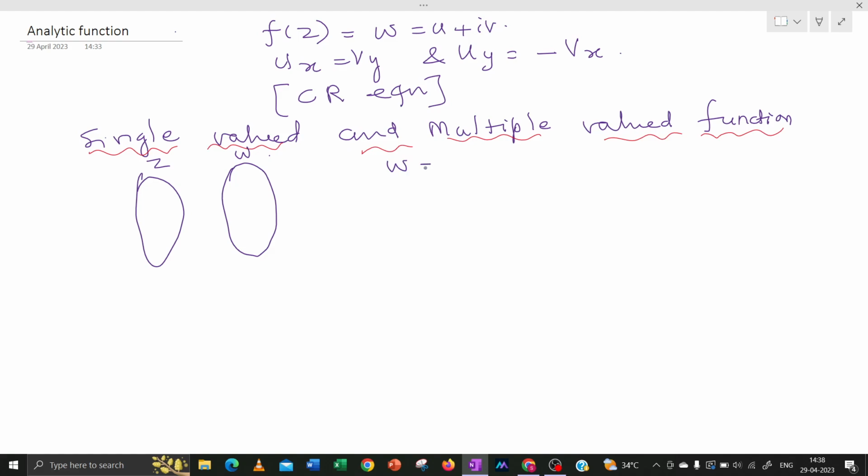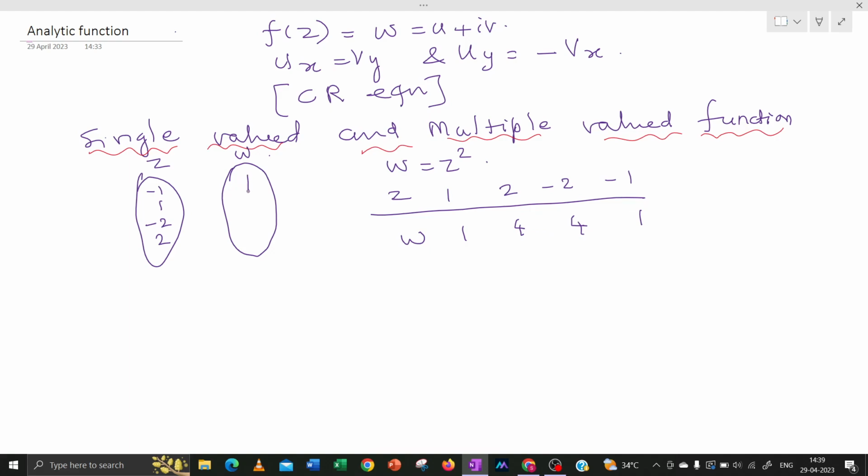For example, w equal to z square. When z value is 1, 2, minus 2, minus 1, then w is 1, 4, 4, 1.